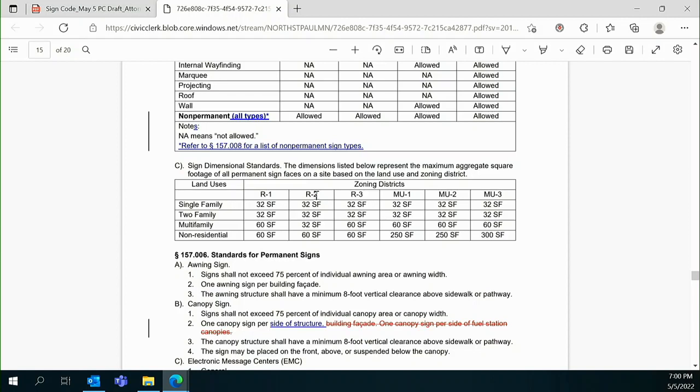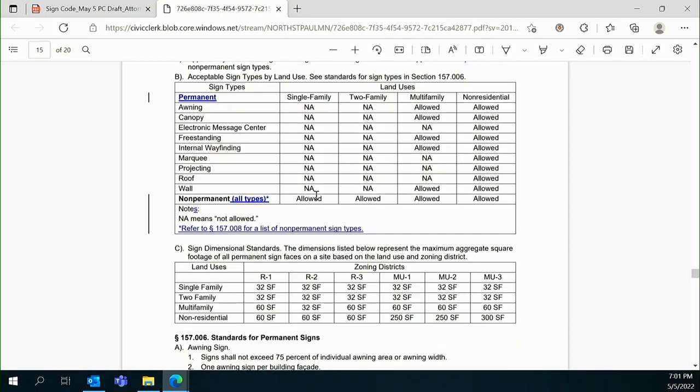Because, as an example, in the MU1, a single family can have 32 square feet. Well, on the chart above, single family gets 0. So all in permanent. So the two don't link up for me in all of the categories.